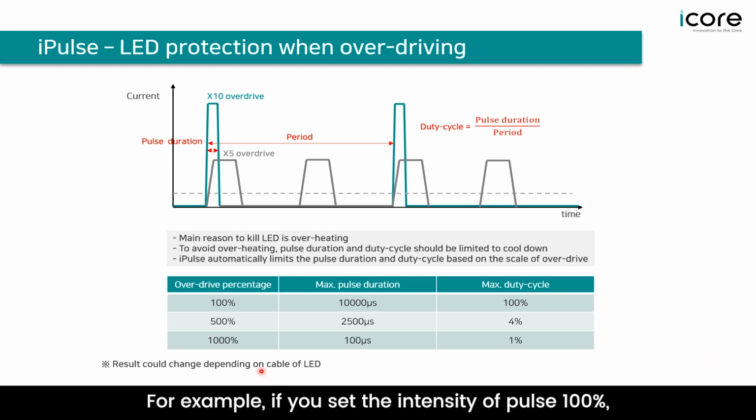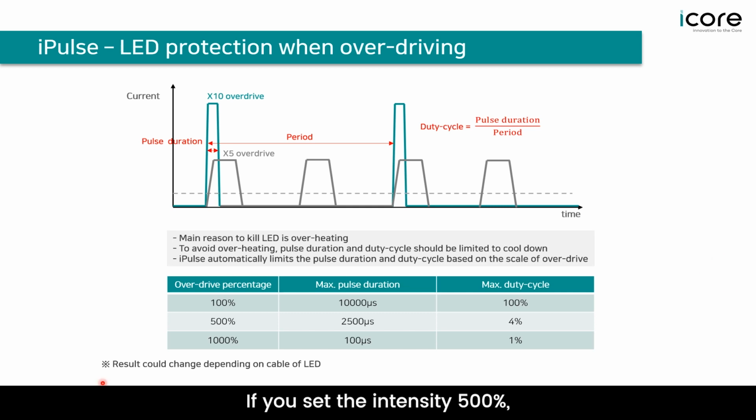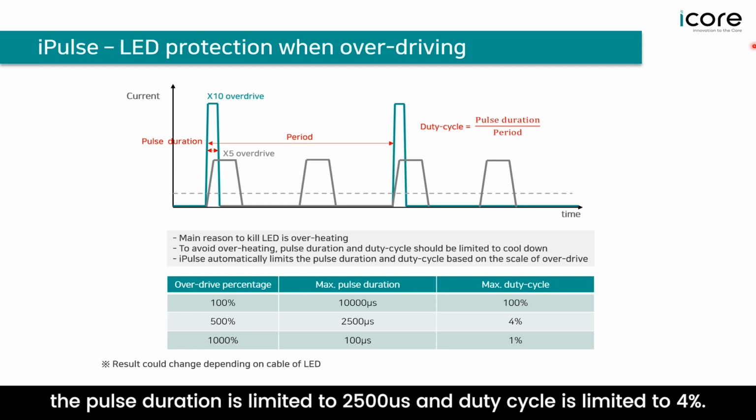For example, if you set the intensity of pulse 100%, you can input 10 milliseconds and there's no limit on the duty cycle. If you set intensity 500%, the pulse duration is limited to 2500 microseconds and duty cycle is limited to 4%.